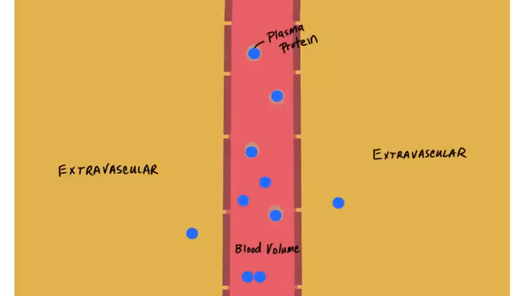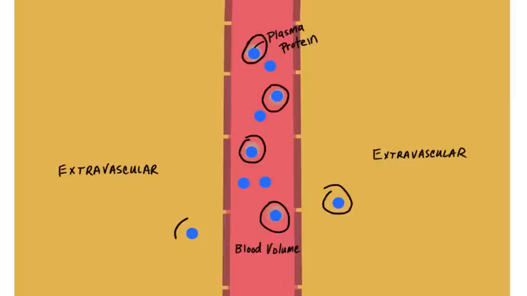Now what is left is 4 milligrams of free drug, right? Why? Because we've got 4 of the milligrams of the drug bound to protein. 2 of the milligrams went out of the vascular space due to its moderate solubility, leaving us with 4 milligrams in our blood volume of 5 liters.